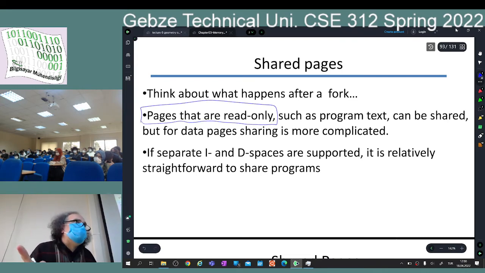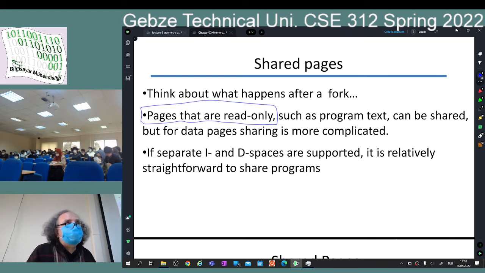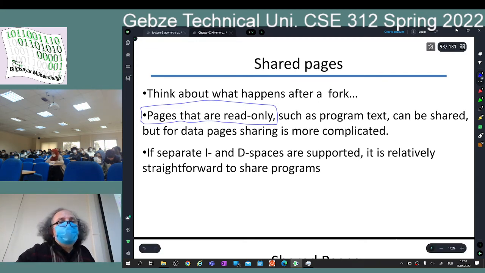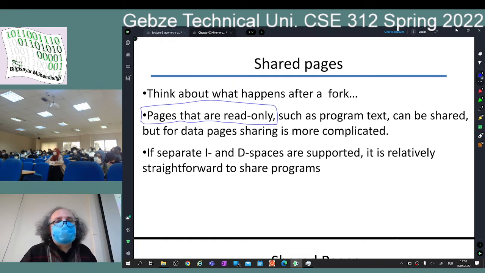If a page is read only, after the fork I don't have to copy that page. Keep using the same page. In my page table both of the processes are pointing to the same page. That's a nice thing. Pages that are read only, such as program text, can be shared, and after the fork I am using this property.